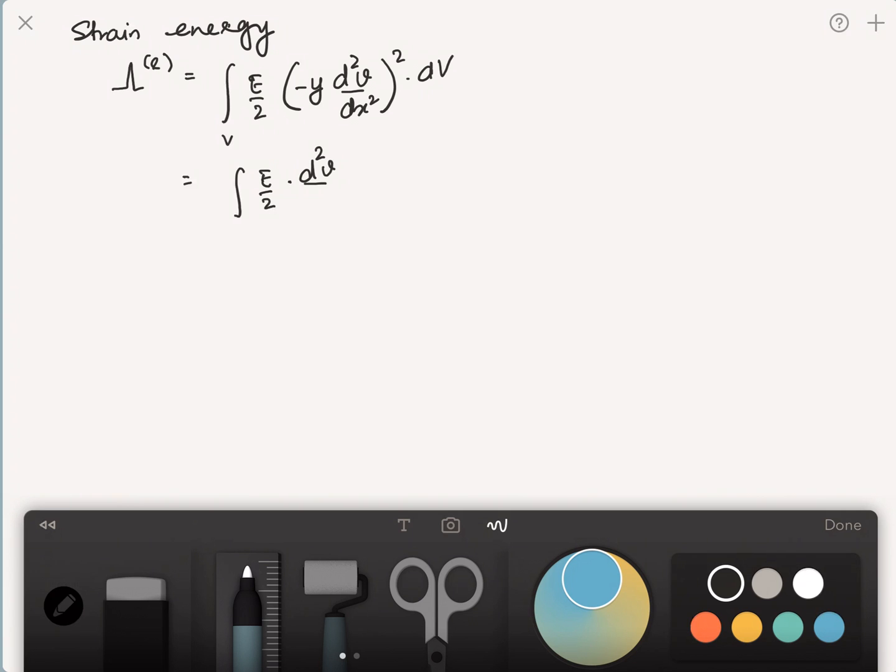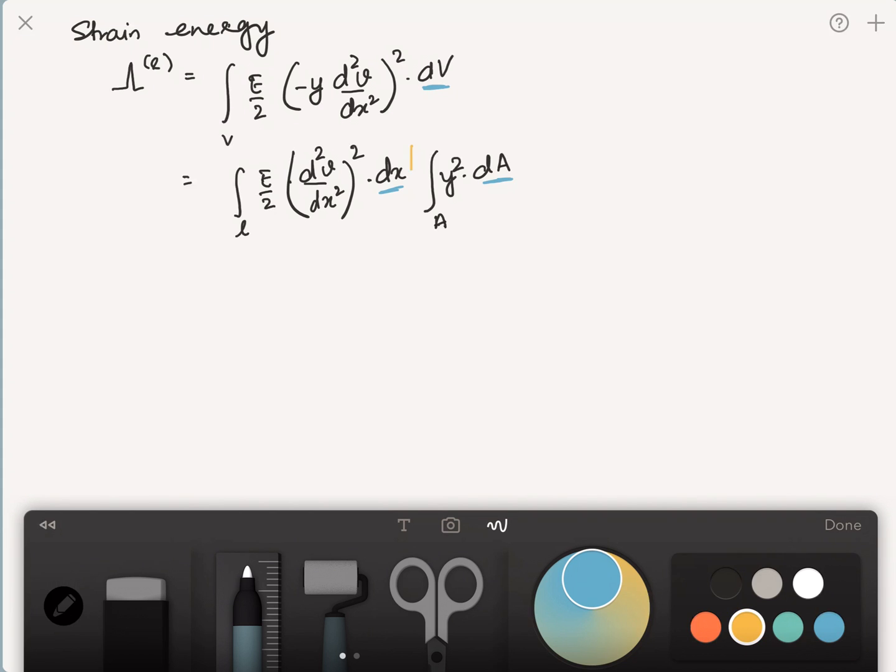I can write this as d square v dx square times dx multiplied by an integral y square, but the minus sign can go away under the square, times dA. So that means I have decomposed the volume dV into dx dA. So the integral here becomes over the length L, and here it becomes over A, the area.